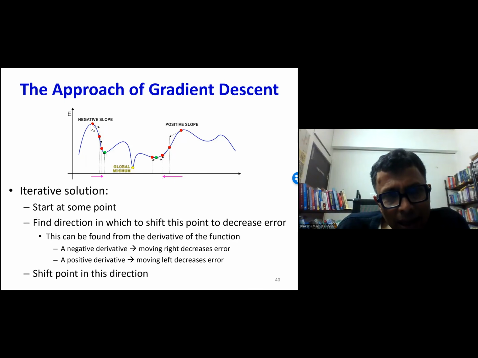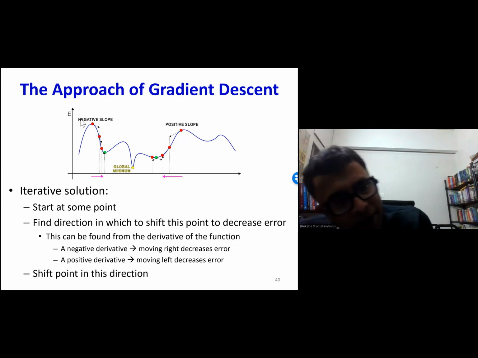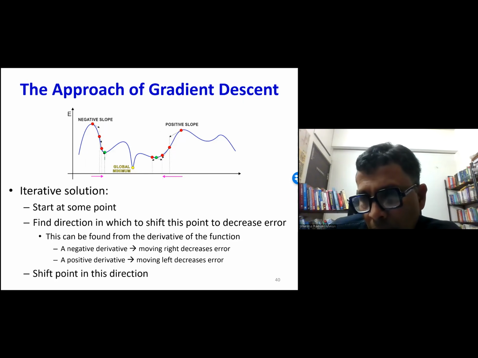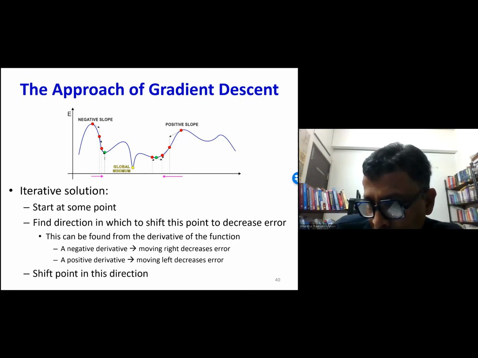So let's say I'm at some point here. If the derivative of the function is negative at that point, what does it tell me? Is the function decreasing or increasing?